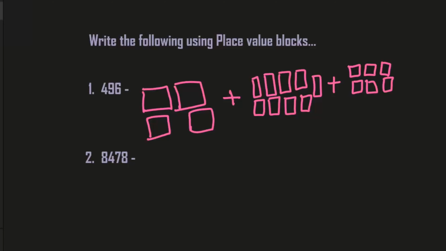Now let's try this one. Wait, first, before we go to the next one, let's write 4,000 here to represent this, and 90 here, and 6 here. So we know how many each of them are worth. Now, let's try this one. 8,000. So we have to draw 8 cubes.